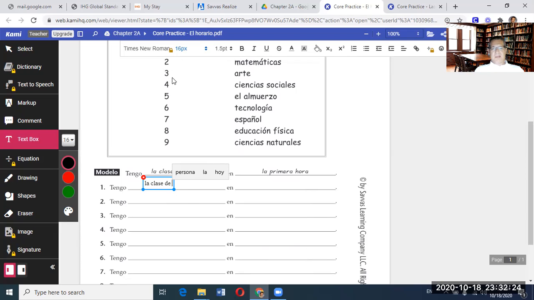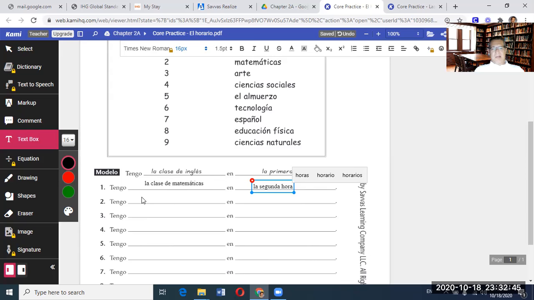Math. La clase de matemáticas en what period? La segunda hora. Second period.